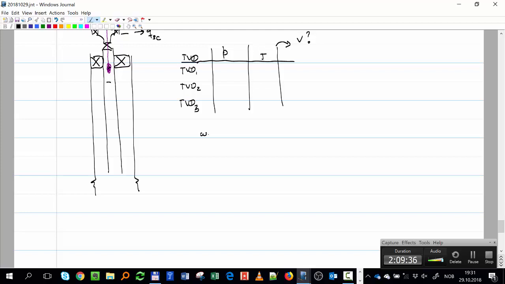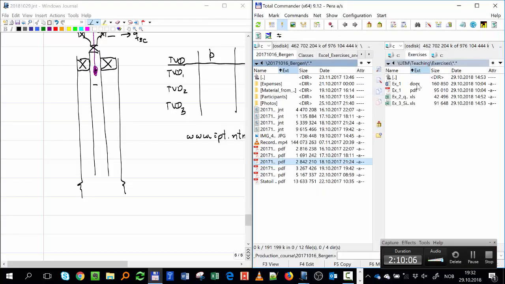So if you go to this website, www.ipt.ntnu.no/stanco, my last name, files. You will find three exercises, and the one we're going to solve here is number 2.